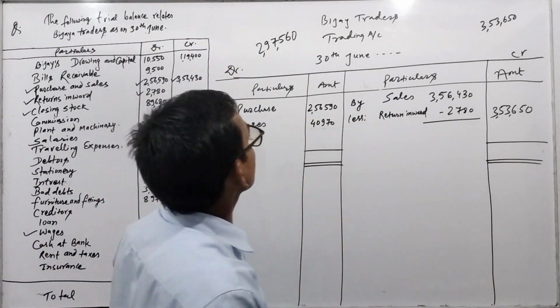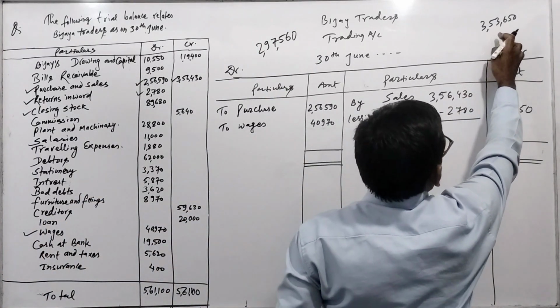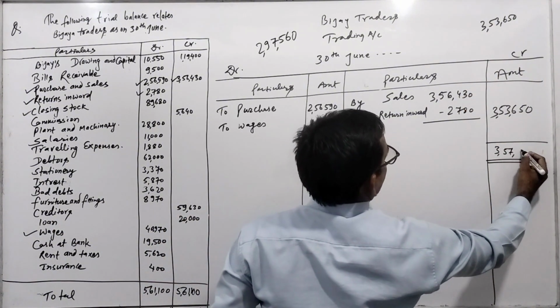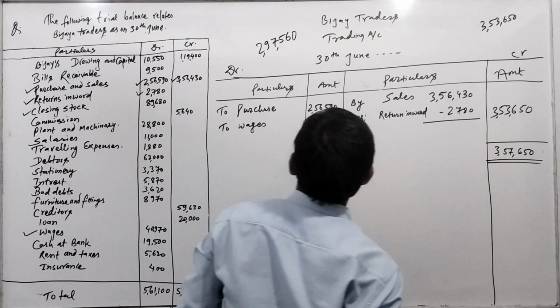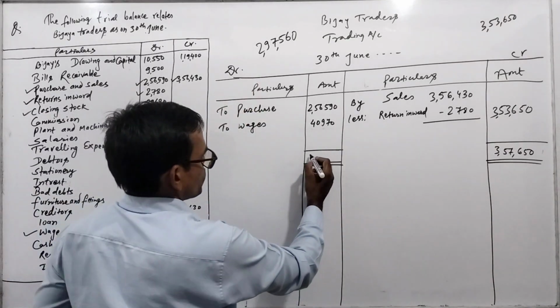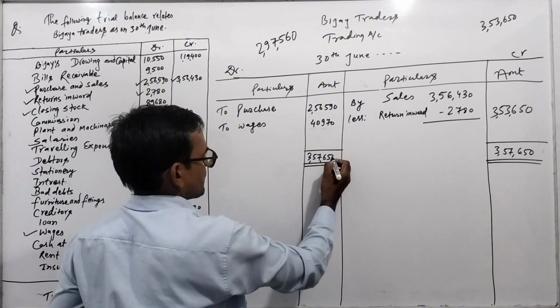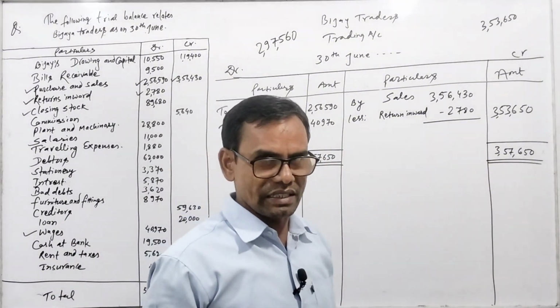Which one is greater? This one is greater. So the greater amount, 3,53,650, you write in both sides, as you close ledgers.